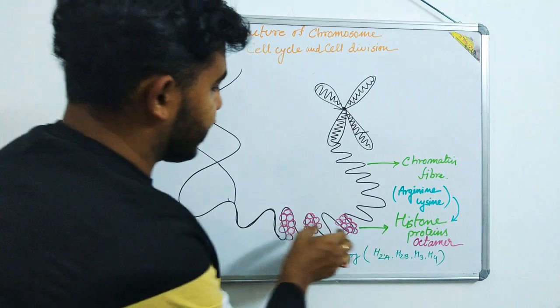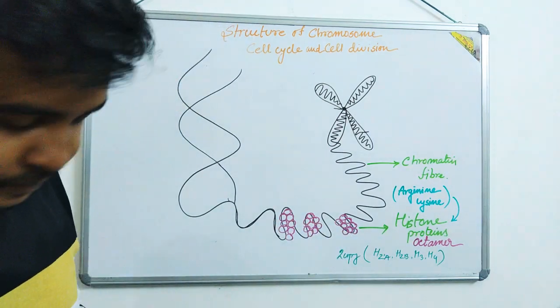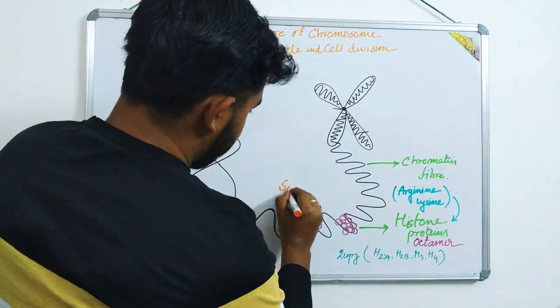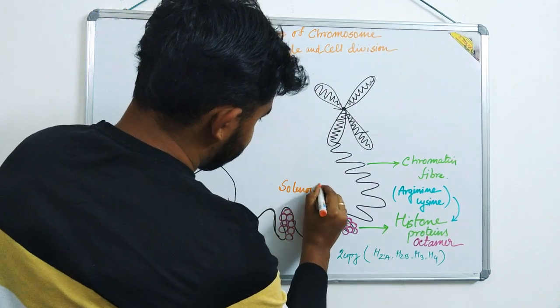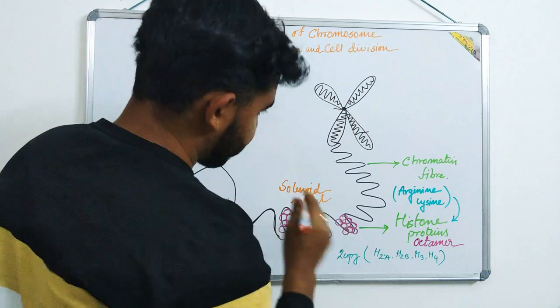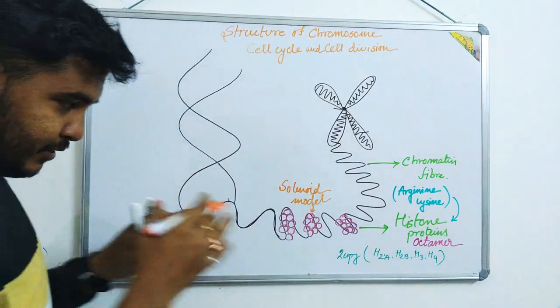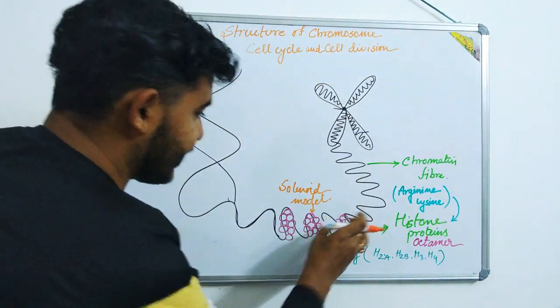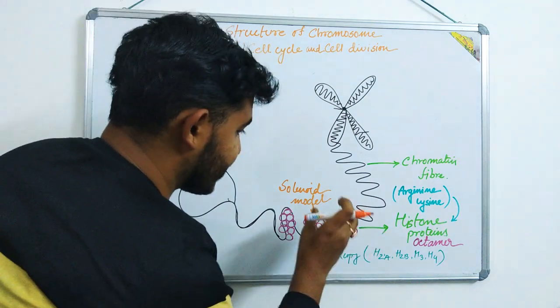Okay, this particular structure is called the solenoid model. And what are these?